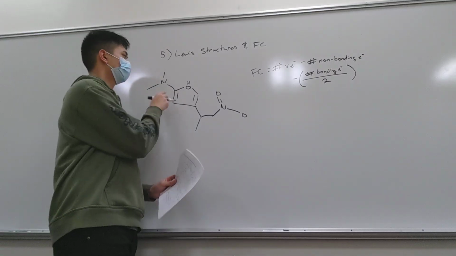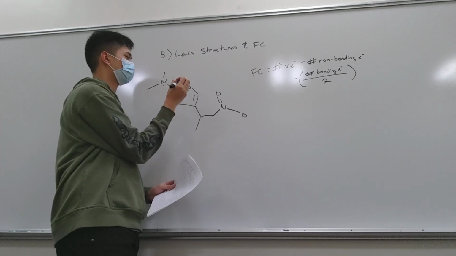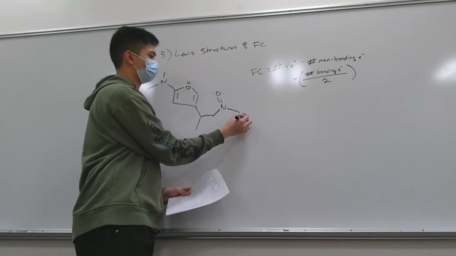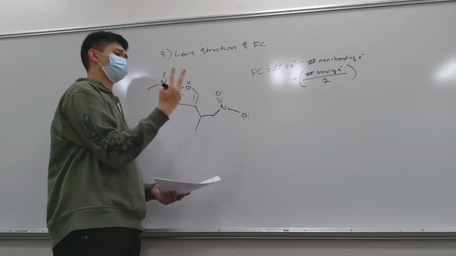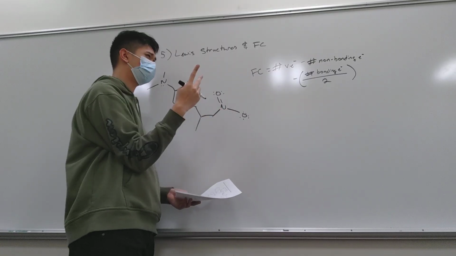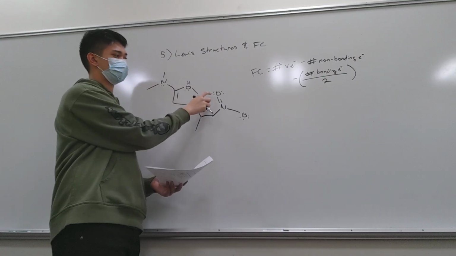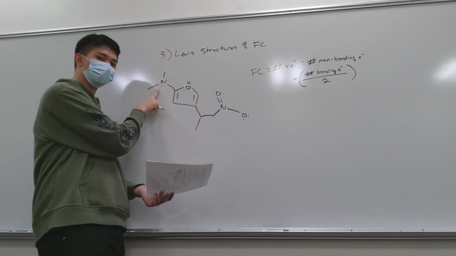So this one has a lone pair, 2, 4, 6. These have lone pairs. This one has 3 lone pairs because the oxygen is only bonded to nitrogen once, except for this one. So let's start off with this nitrogen right here.